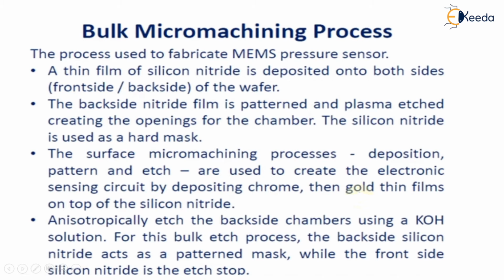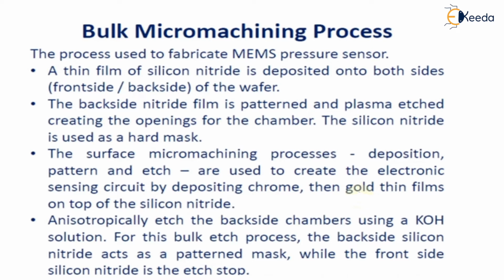Then the bulk micromachining process, the process which is used to fabricate a MEMS pressure sensor. A thin film of silicon nitride is deposited on both the front side and back side of the wafer, and the back side of the nitride film is patterned and plasma etched, creating the openings for the chamber.